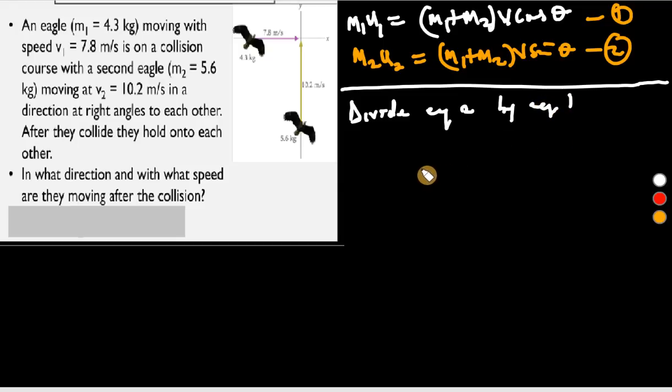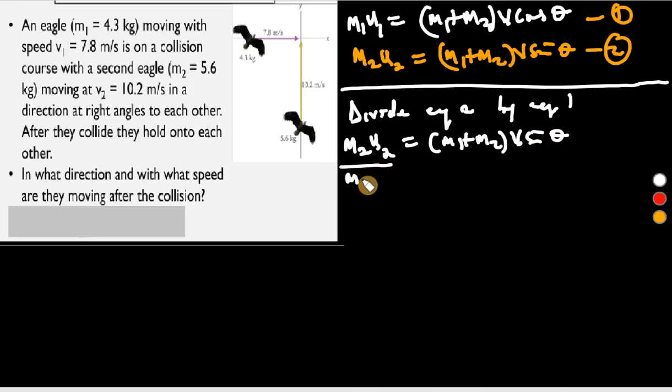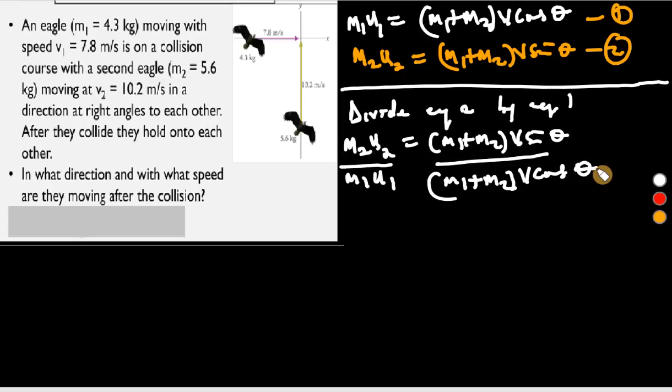What is equation 2? Equation 2 is m2u2 equals (m1 plus m2) v sine theta. So we divide it by equation 1. And what is equation 1? m1u1 equals (m1 plus m2) v cos theta.